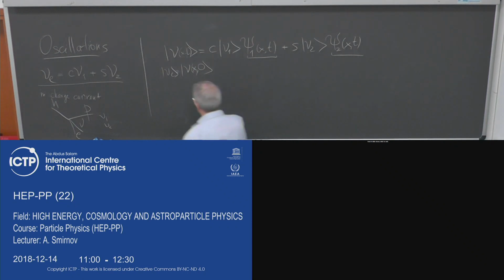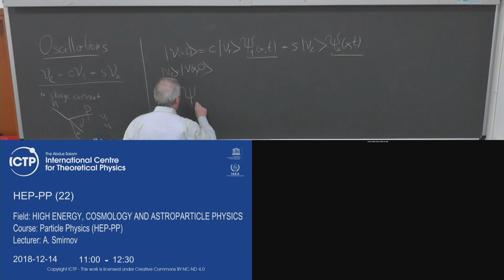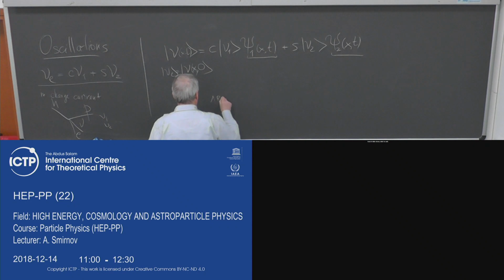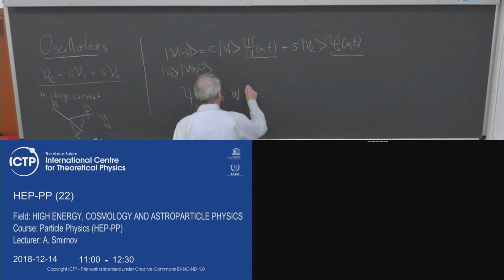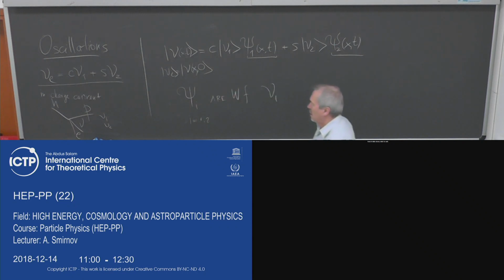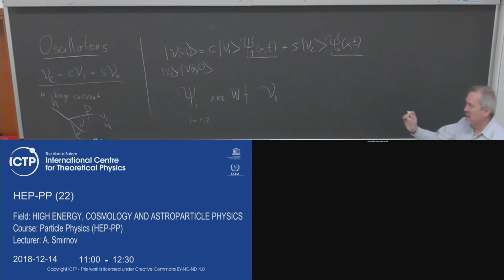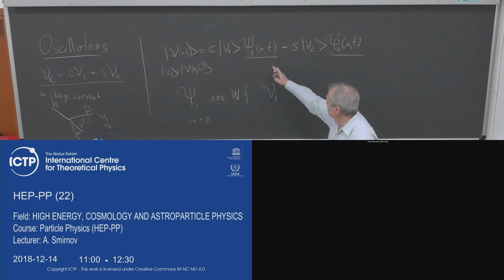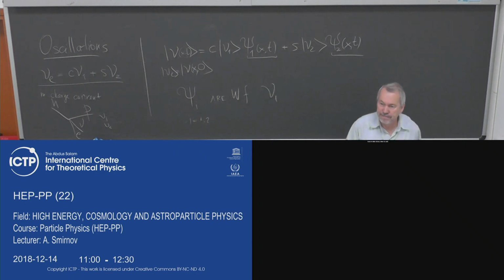So let me summarize. Psi I, and I is 1 and 2, are wave functions of nu I. In the initial state, you need to compute, using the amplitudes of production for this process, what are these psi1 and psi2.